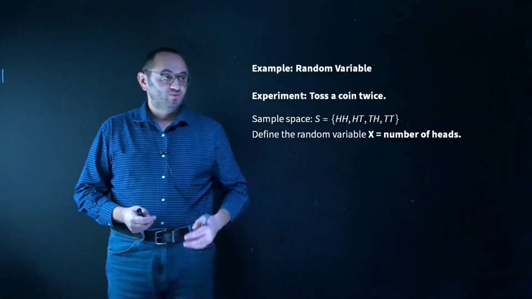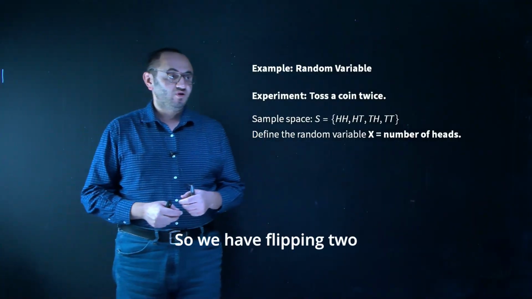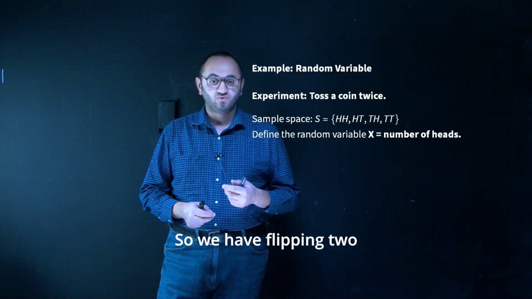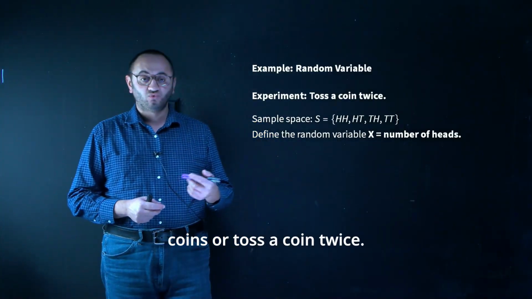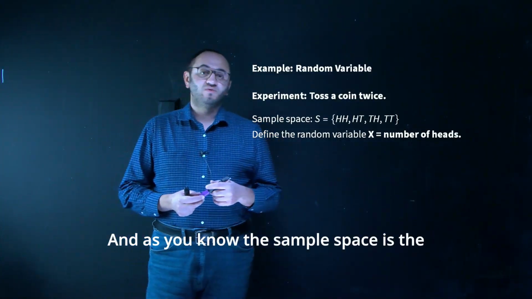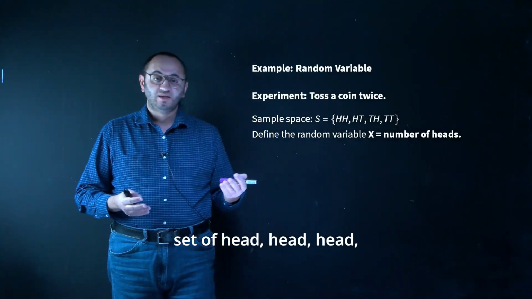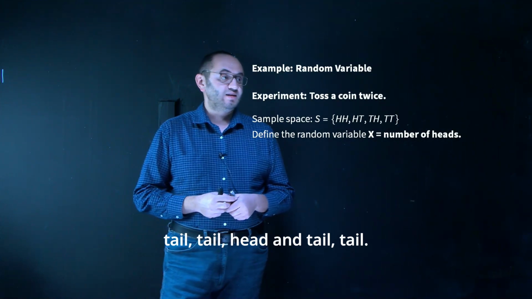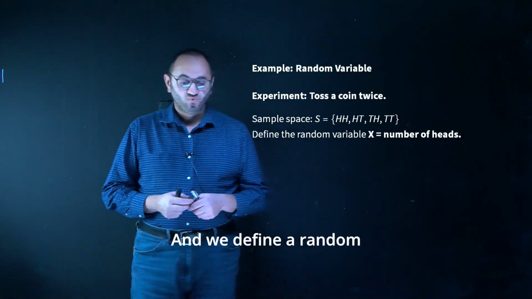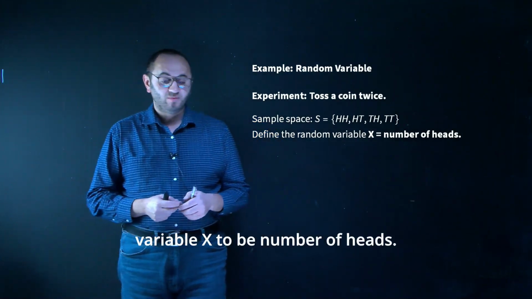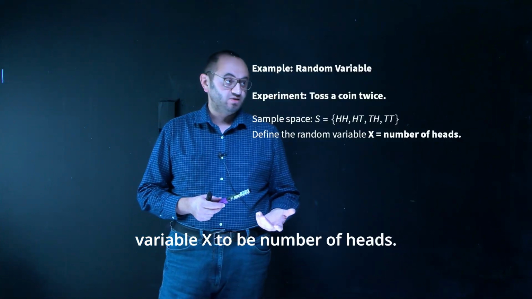Example of a random variable. We have flipping 2 coins, or toss a coin twice. And as you know, the sample space is the set of head, head, head, tail, tail, head, and tail, tail. And we define a random variable x to be number of heads.